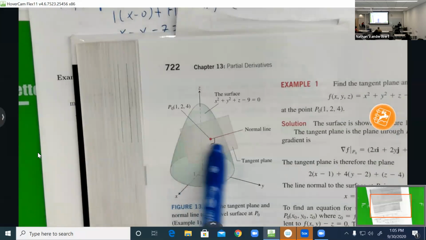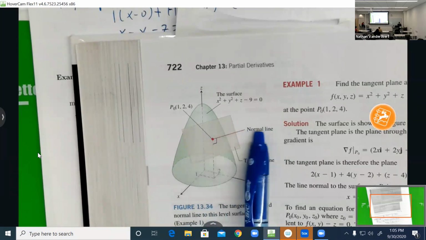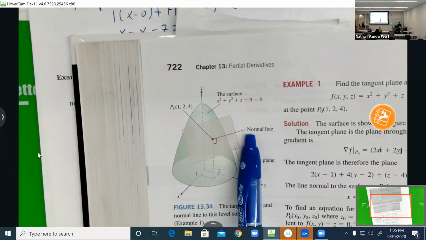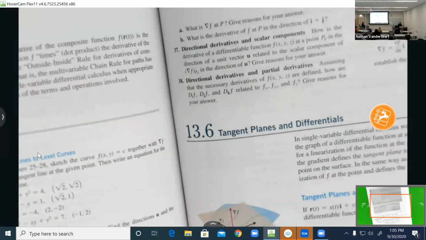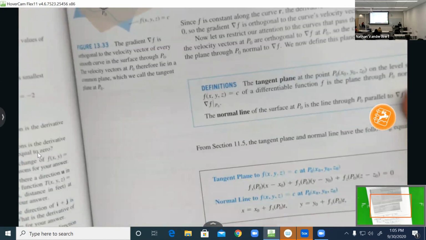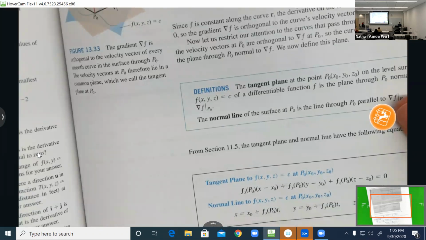All tangent lines are in this plane, right? And each tangent line in this plane is orthogonal to this normal line, which is in the direction of the gradient, fx, fy, fz.